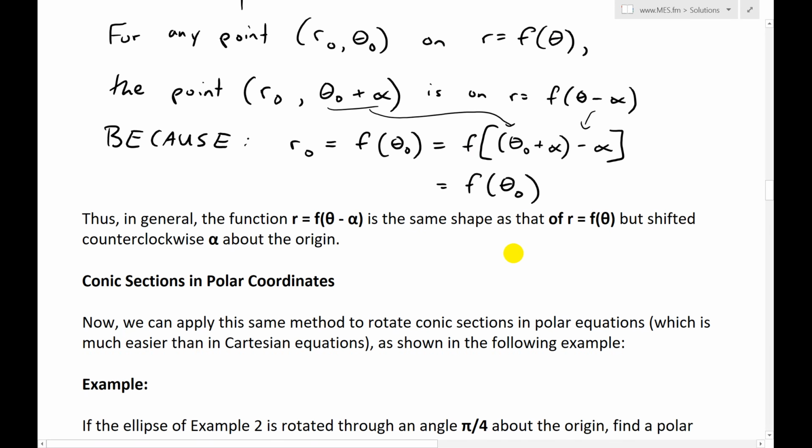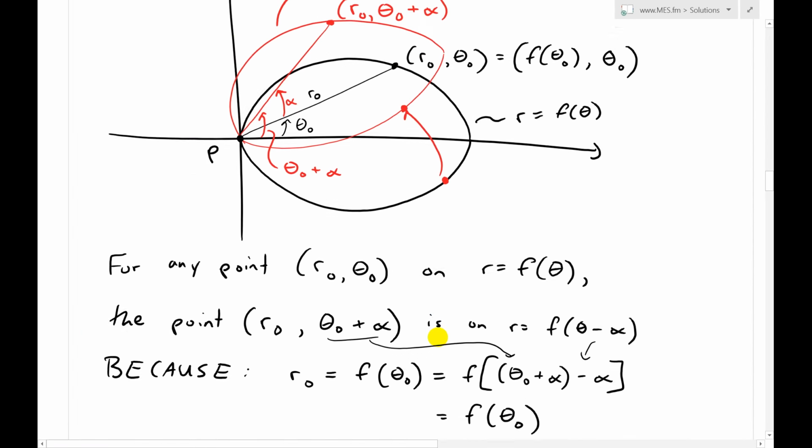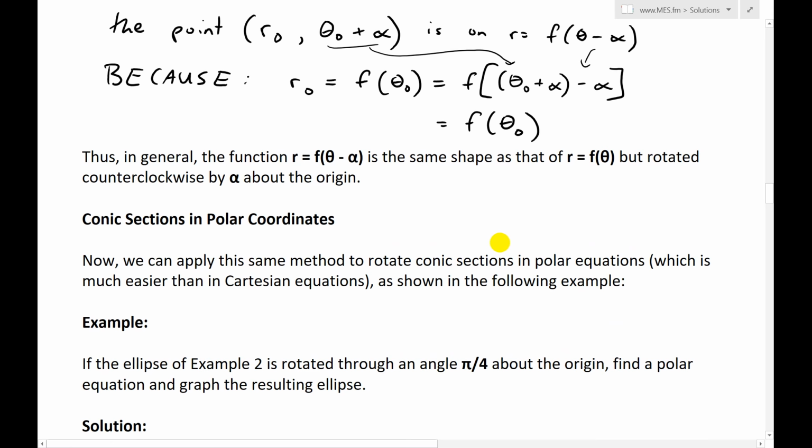Thus, in general, the function r equals f of theta minus alpha is the same shape as r equals f of theta, but rotated counterclockwise by alpha about the origin. So everything is rotating about the origin, or the pole, or whatever you want to call it.